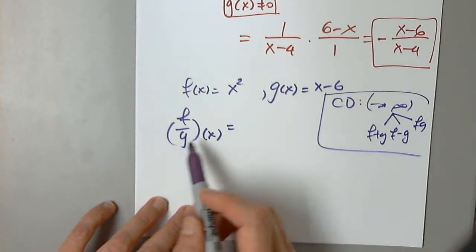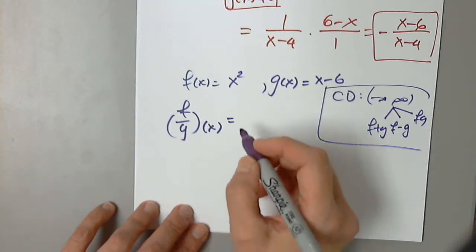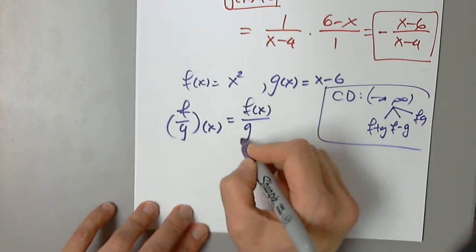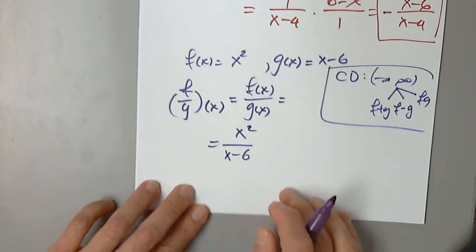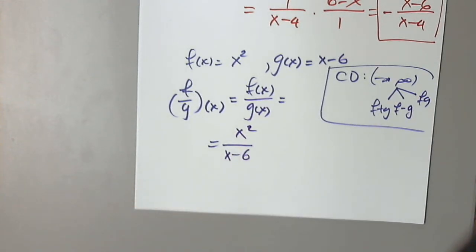But the question is, what would happen with the ratio? Please write f of x over g of x first, and then write x squared over x minus 6. And now you have to say, oops, now there is a problem. I never had any problem with the sum, difference, product, but I have a problem with the ratio. What is the problem with the ratio? X cannot be 6.